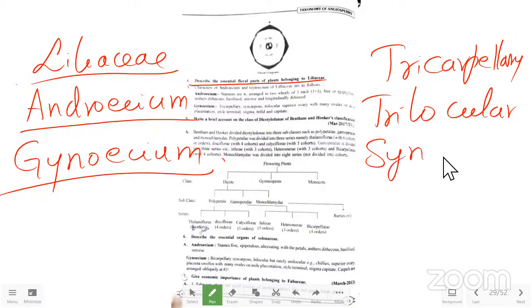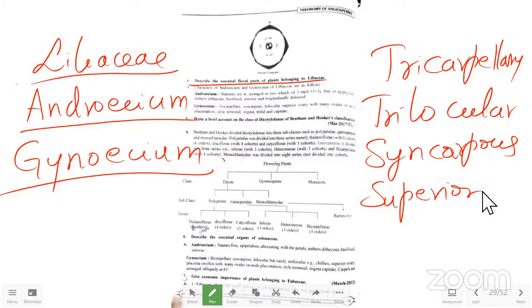Syncarpous means all the carpels are fused. Superior ovary means it is present above the thalamus. These words have to be separated with commas: tricarpellary, trilocular, syncarpous, superior ovary.